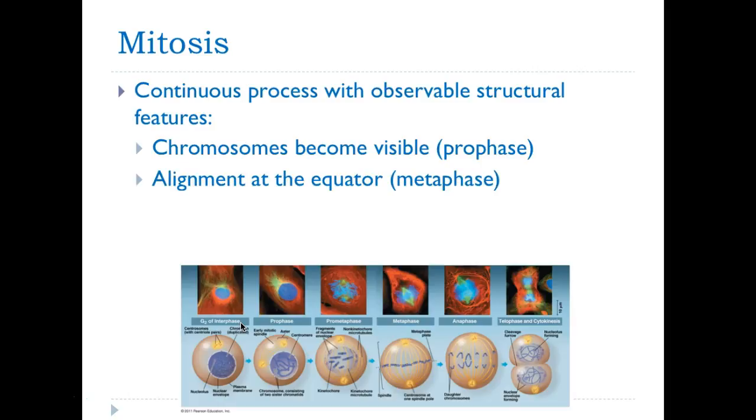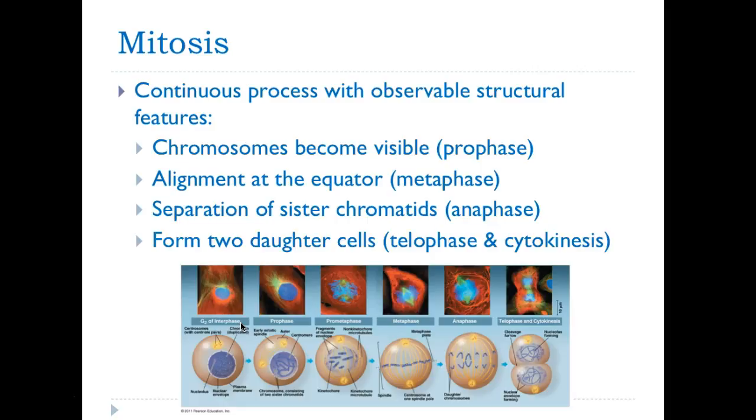Chromosomes become visible in prophase. Alignment at the equator is metaphase. Separation of sister chromatids takes place in anaphase, and you form two daughter cells and allow for cytokinesis to begin in telophase, and then cytokinesis itself is division of the rest of the cell.